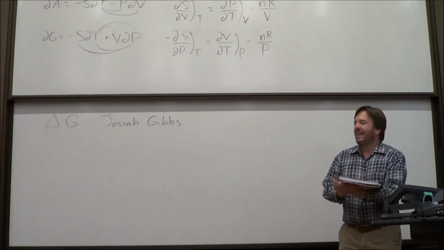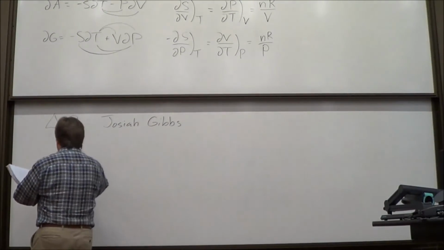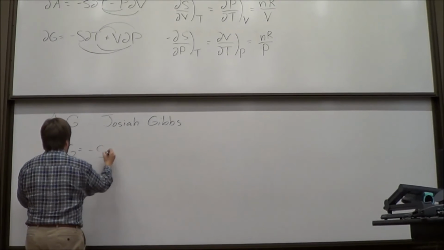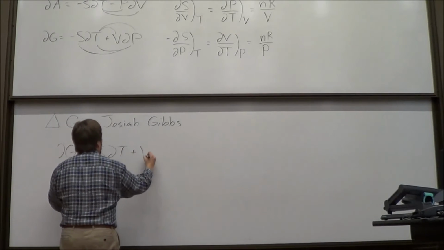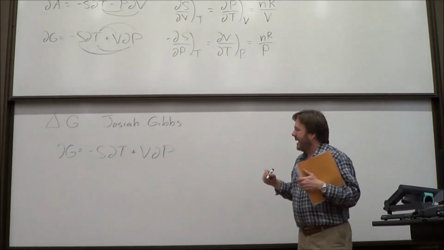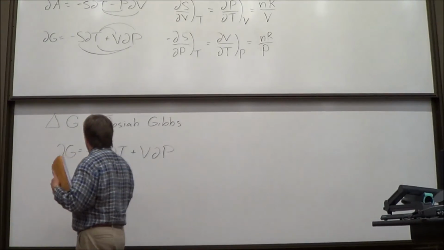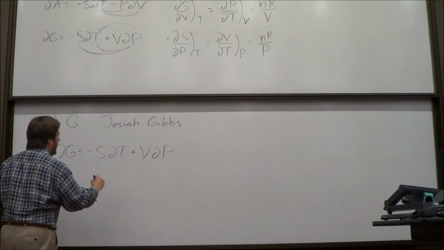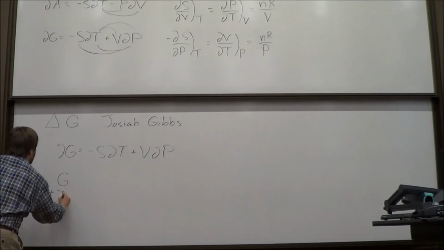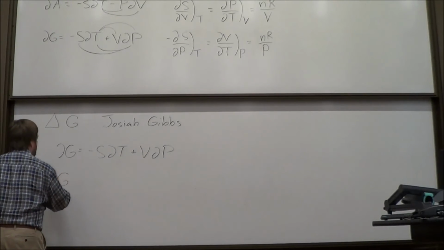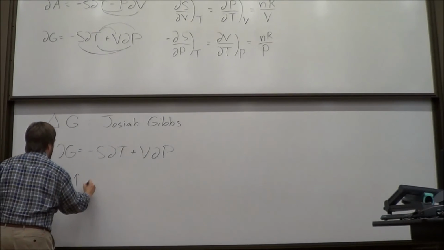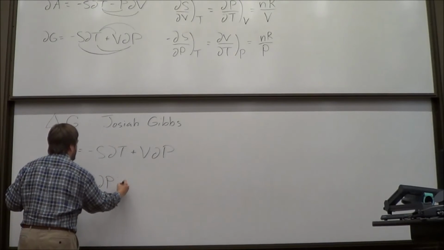Let me continue from here and talk about how we calculate changes of G. Right, before I integrate it, I have to do the small differential, and then we'll worry about integrating it and get the big change in G. What I get from this is that at constant T, the change in G will go up if the change in pressure goes up.